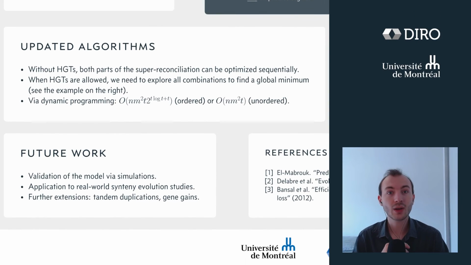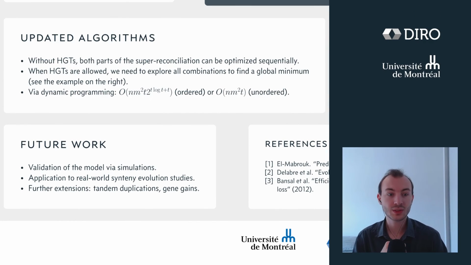Now that we have algorithms for the HGT extension of superreconciliation, we can move forward to future work on this method. The first one will be to validate the model with simulations. We want to make sure that adding the HGT possibility gives us more accurate reconstruction of histories.